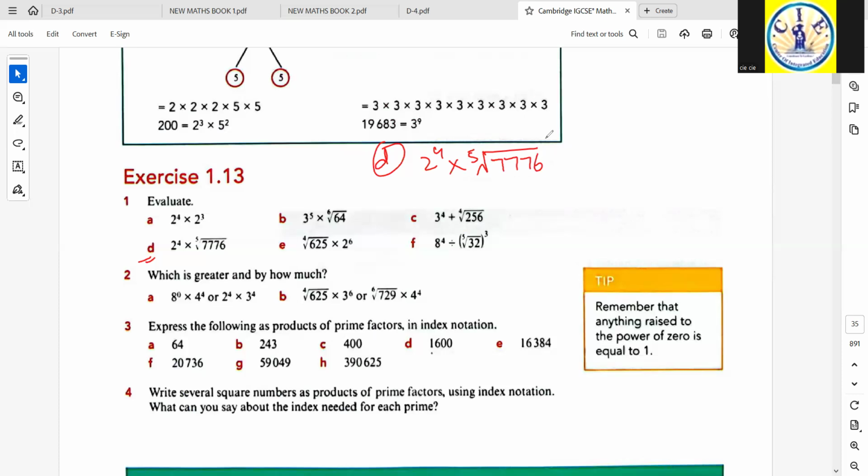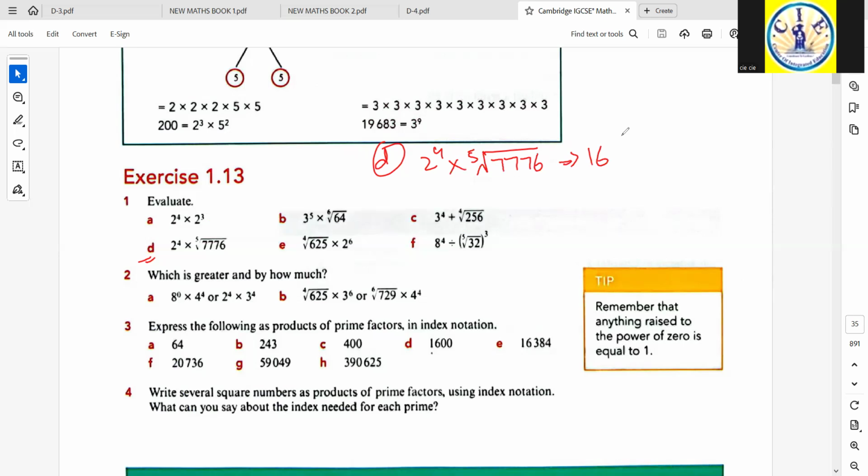Now I need to see what's that number which, when multiplied with itself, may give me 7776. Since 2 raised to power 4 is actually 16.